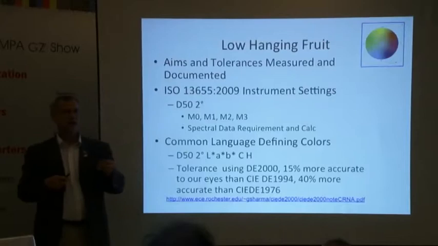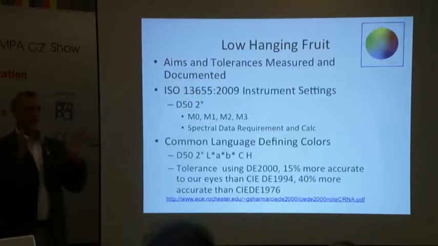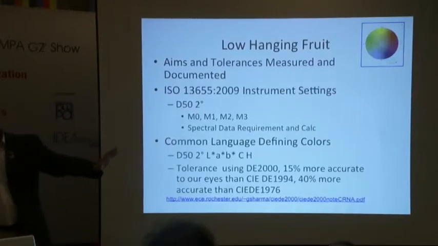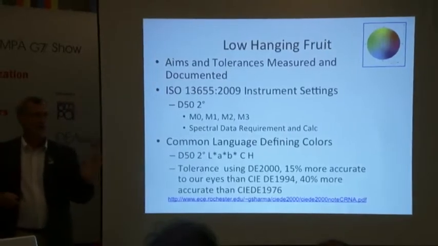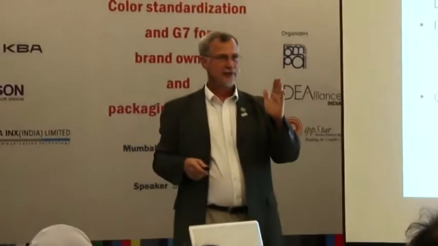If you don't engage your ink company, and again, there's a lot of partners in here that converters are paying today. You're paying the ink guy, you're paying a cylinder maker, a plate maker. When we have the wrong hue in gravure, somebody was asking me last night, how do you fix it? Well, you've got to change your engraving, maybe, or you've got to change your ink, or maybe you do both.